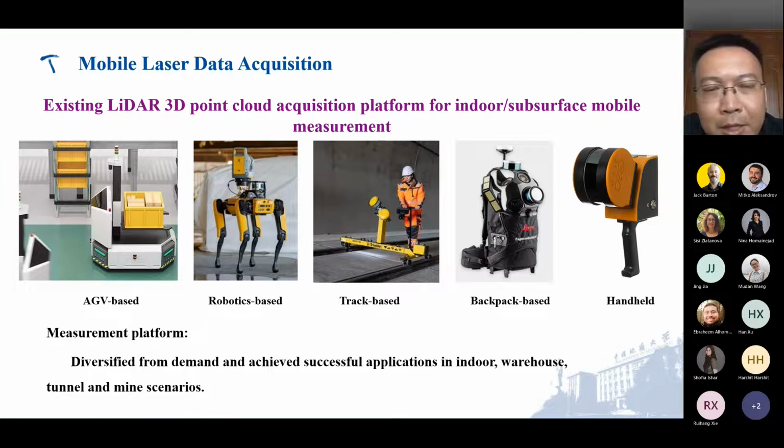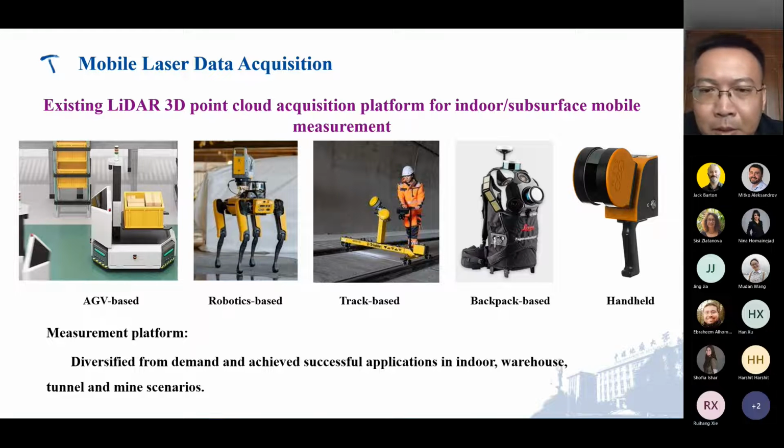Here are some of the platforms we can use to acquire data sets for indoor and also for the underground scenarios, like the robotic-based, the track-based, the backpack-based, the handheld-based. I would say that the handheld-based way is now getting more and more popular in China to acquire the indoor data sets.